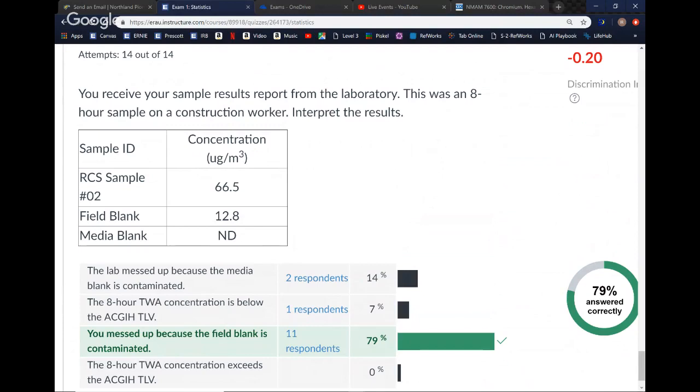Let's say it's silica. Somehow they got silica-containing dust on the sample. If this had a number, that means they actually measured some silica on their own blank. But because it's on yours, then you messed up. You'd hope to see non-detect on both of them. That's what you would ideally see there.